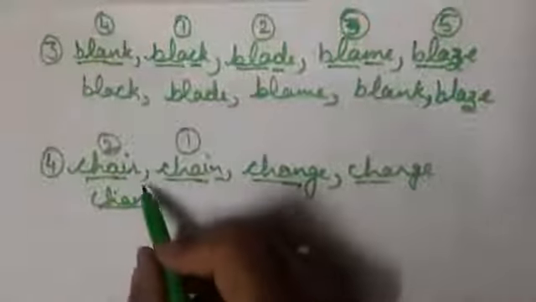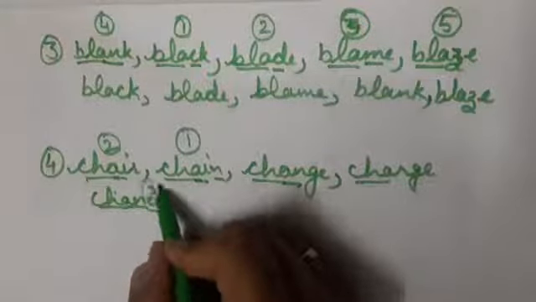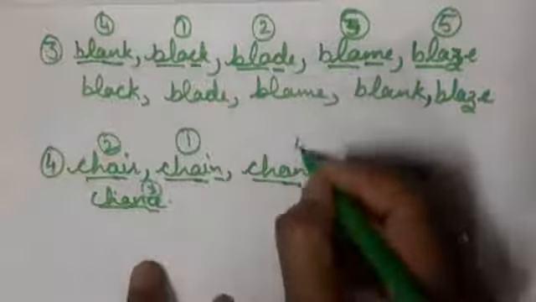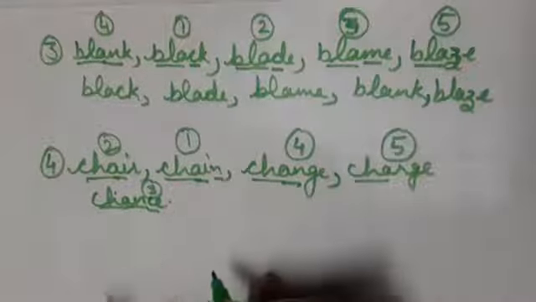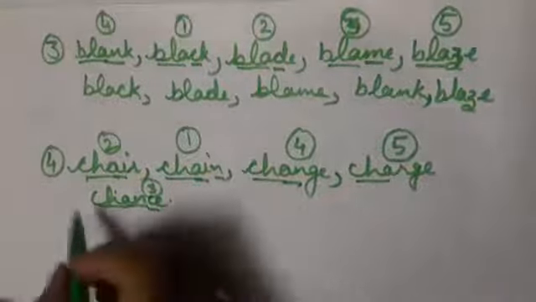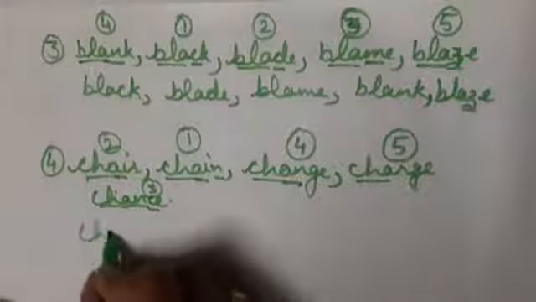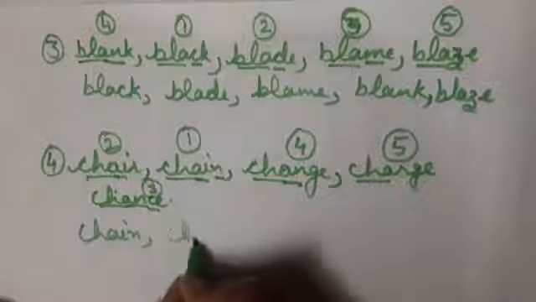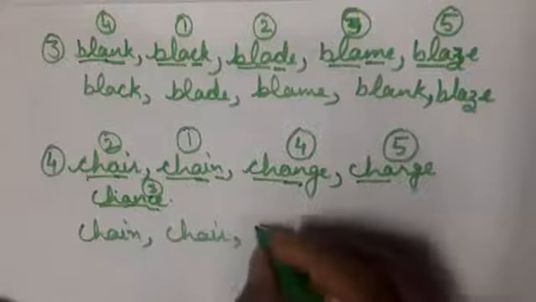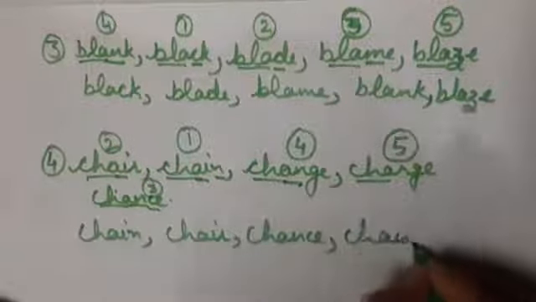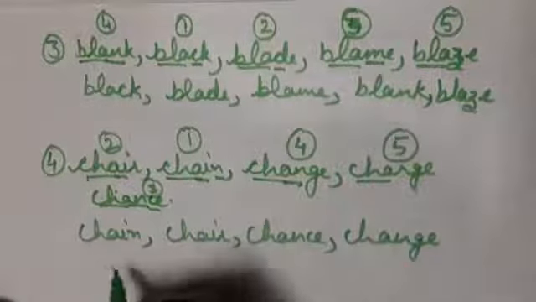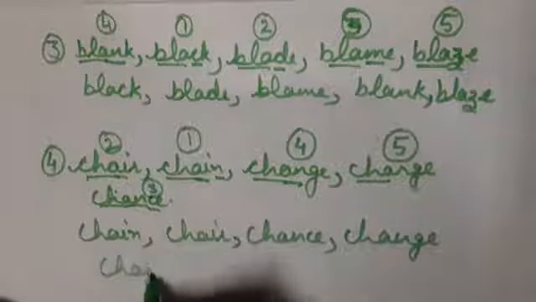C comes first, so chance will come first on third number, and change will come on the fourth number, and last but not the least is the charge. So in this manner we will arrange it in the sequence: chain, chair, chance, change, and last is charge.